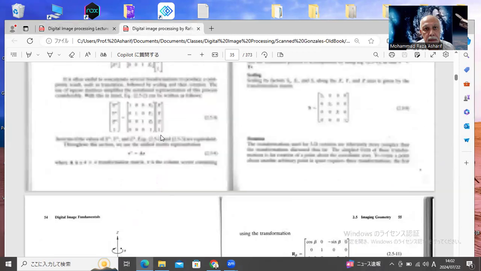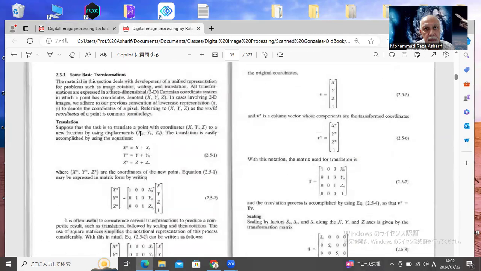a coordinate system where the image is x, y, z. The first one is translation. Suppose we take the coordinate XYZ to a new location X0, Y0, Z0.